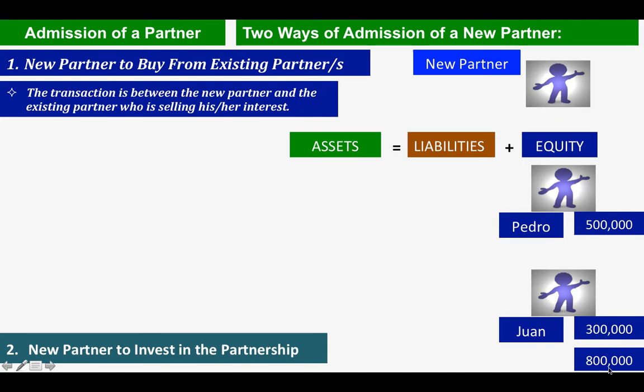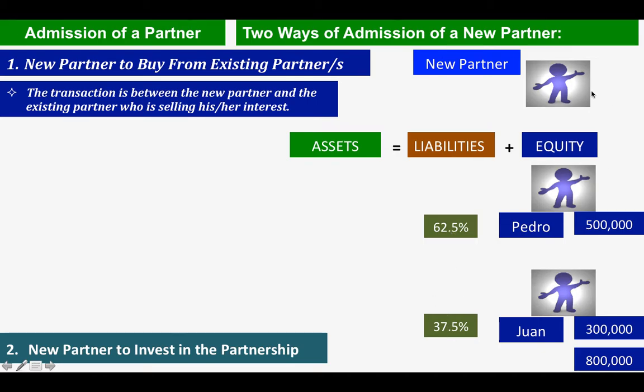So here the transaction is between the new partner and an existing partner. The new partner will buy from Pedro or from Juan. By the way, the profit and loss ratio based on the capital structure is 62.5% and 37.5%.